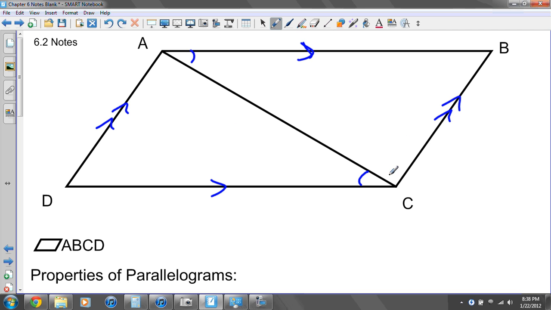I could also say that this angle is congruent to this one because those are alternate interior angles on the side lines. And then, of course, this segment is congruent to itself by reflexive. So these triangles are congruent, which means all their corresponding parts are congruent. Some of those parts would be angle D and angle B, which are going to be congruent.